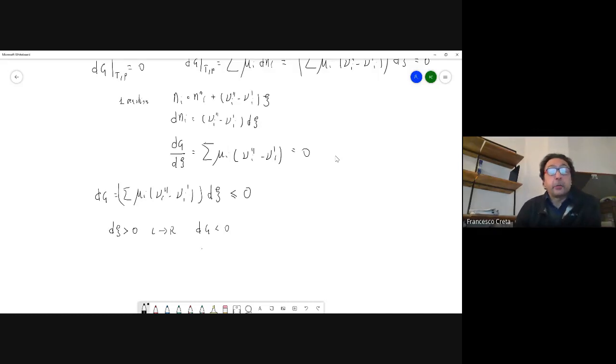Then clearly the slope, dG by d psi, is negative.